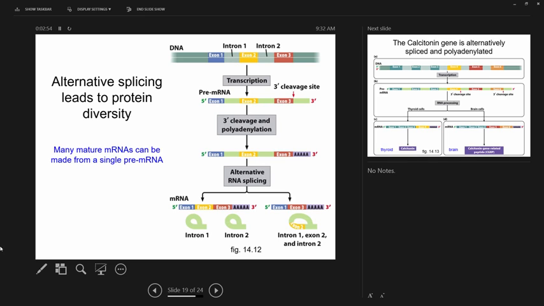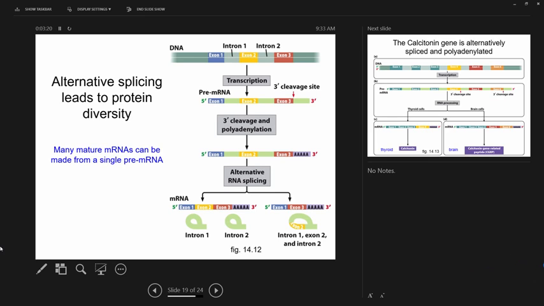But you can pick and choose. Over here you have exon 2 completely cut out because the splice donor after exon 1 and the splice acceptor after exon 3 are the only ones that are used. So exon 2 is cut out as part of this big piece that contains intron 1 and intron 2.